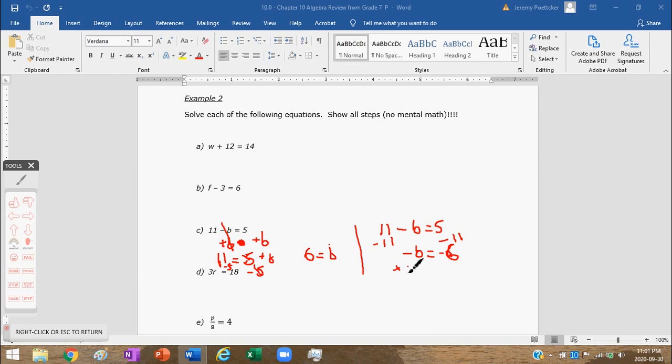I can multiply both sides by negative 1. And now I'm left with b equals 6. And again, it looks like a b equals b with my writing. So apparently for me, using a b for a variable is also a bad idea.